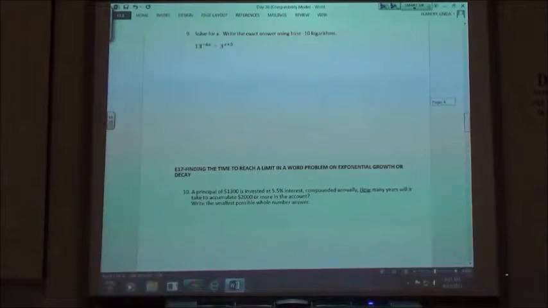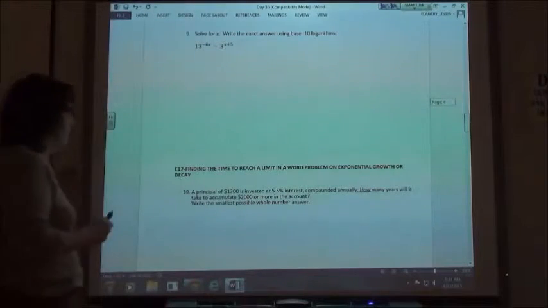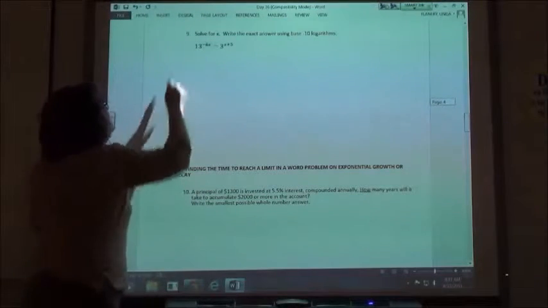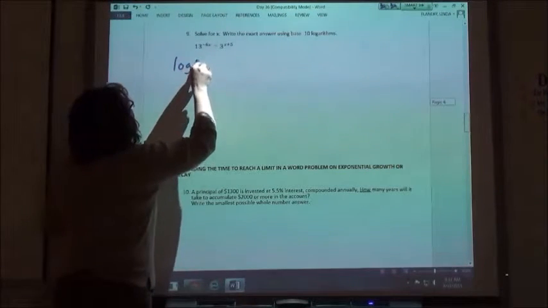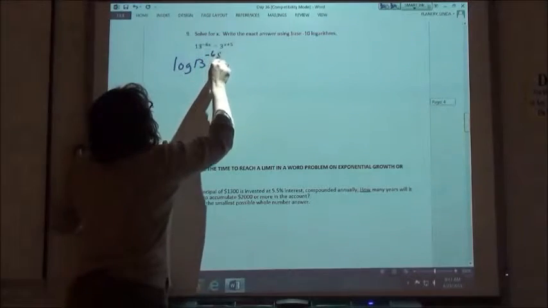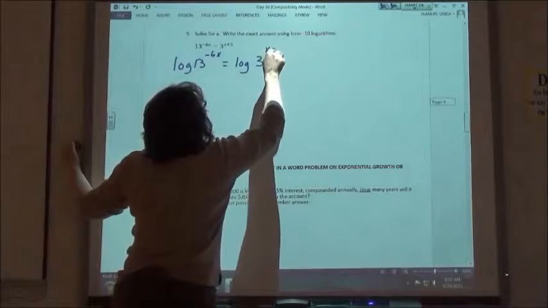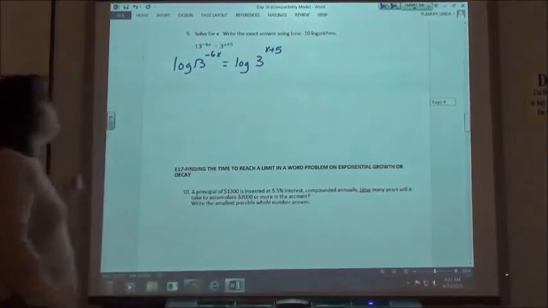Okay, so number 9 is log 15 minus 6x equals log 3 times x plus 5.